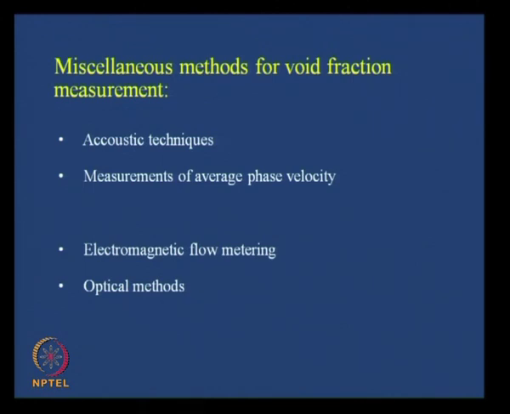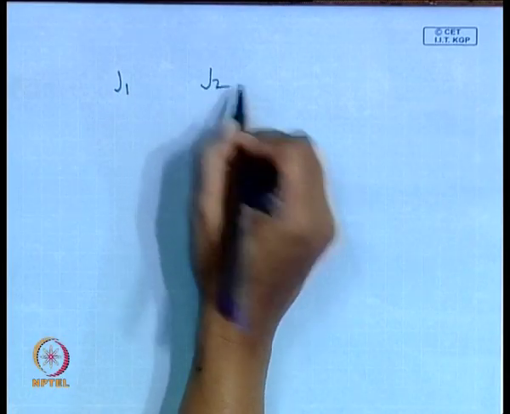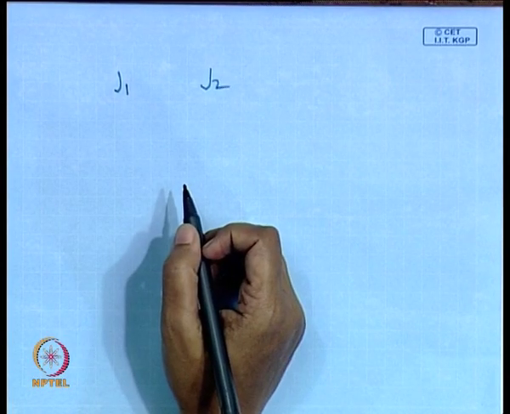This you remember. The other technique is, see, we can measure the in situ velocity. It is given by J1 and J2, right.